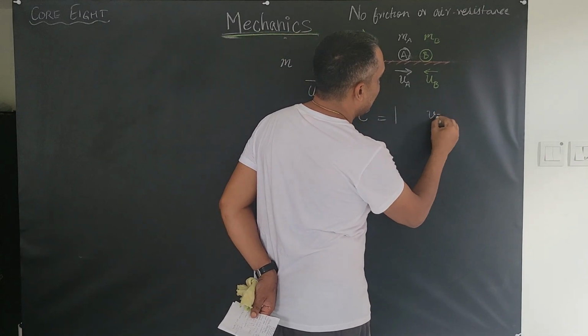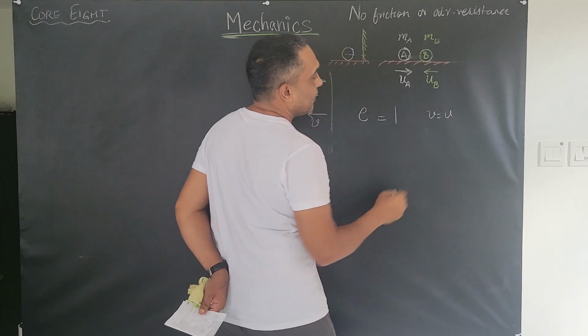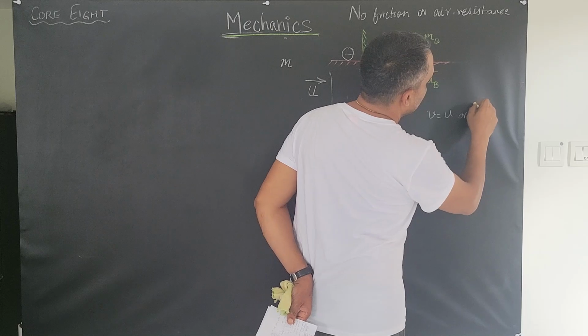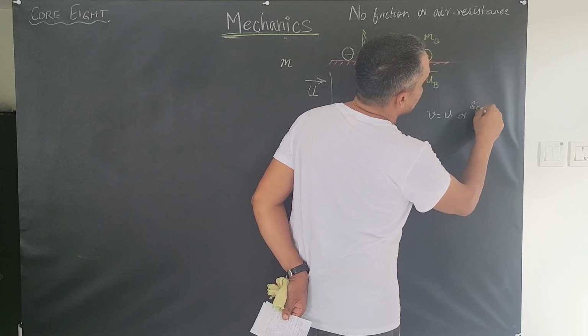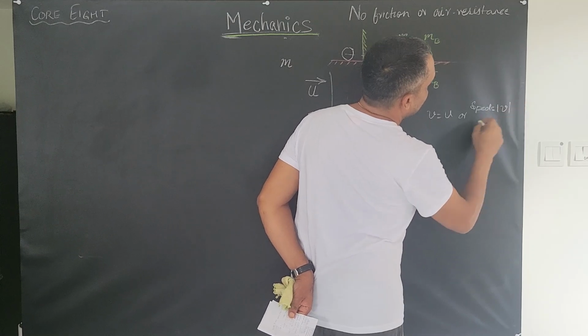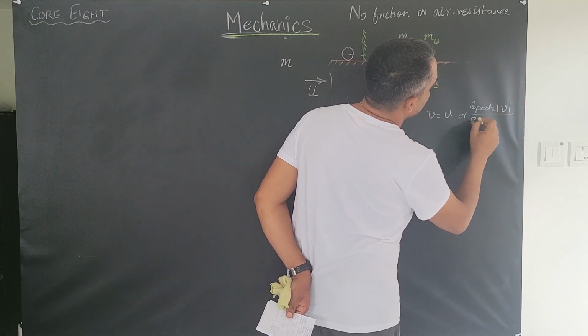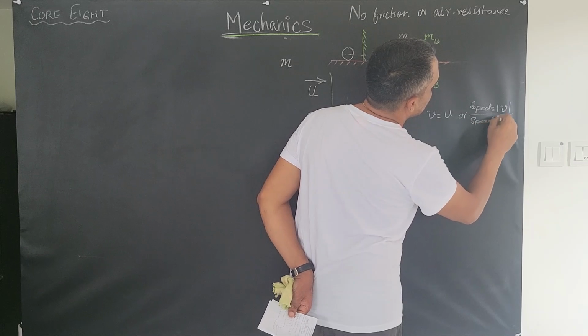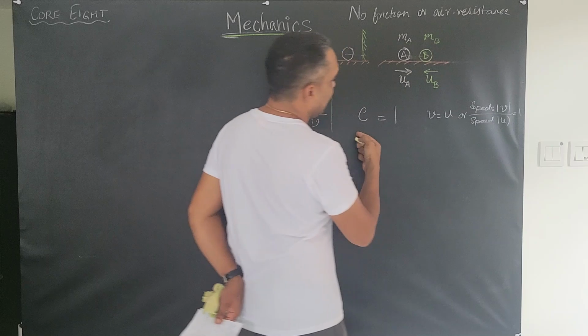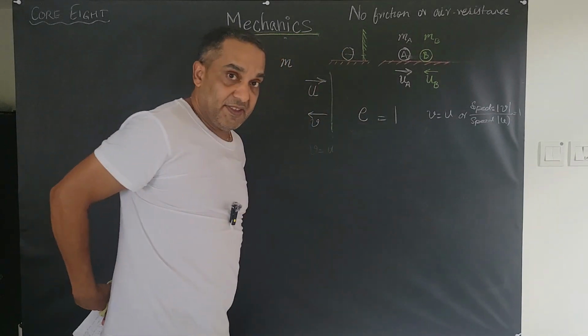When V equal to U, they approach and depart at the same speed, E is equal to 1. The obvious.